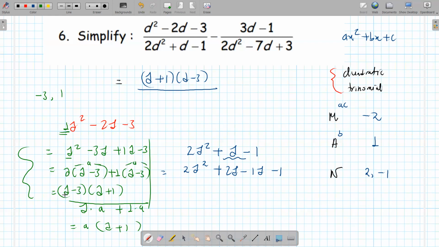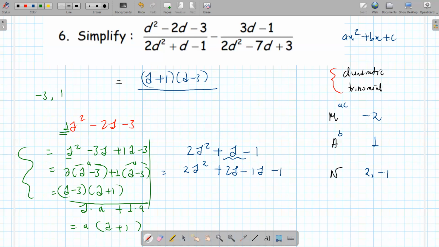So we pull that out, d minus 3, and then we're left with d plus 1 in the bracket. So you pulled out d minus 3. Yes. Oh, okay, I see. But there's two a's and you only pulled out one. Exactly, there's two a's, but you only pull out one, because when you open this bracket, you get your two a's back.